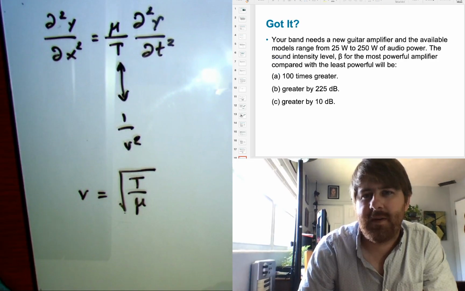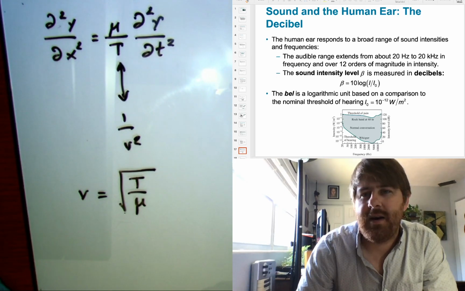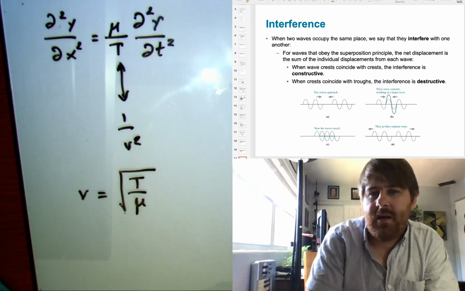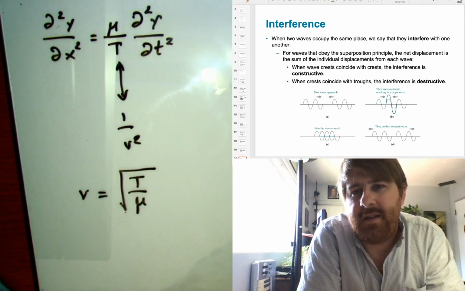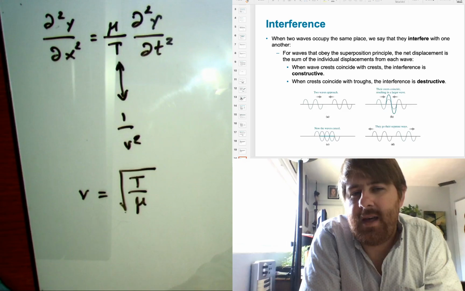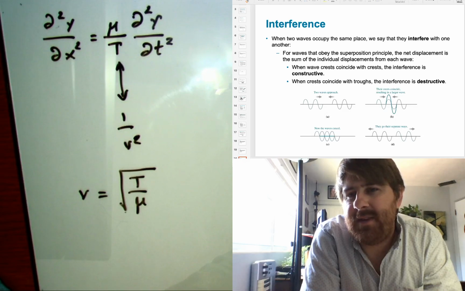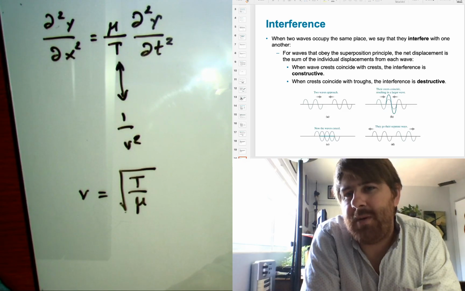Okay, moving forward, waves can interfere with each other, and the wave functions of two waves add algebraically point by point in space and in time. If two waves are on top of each other and the amplitude of both is positive, then the two waves will constructively interfere.